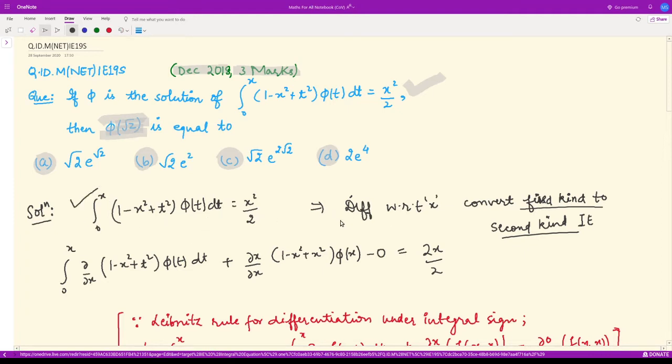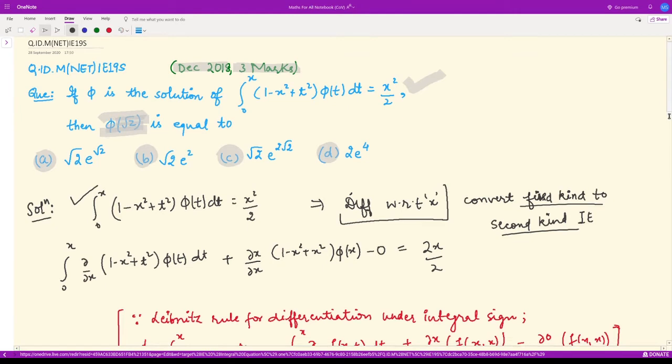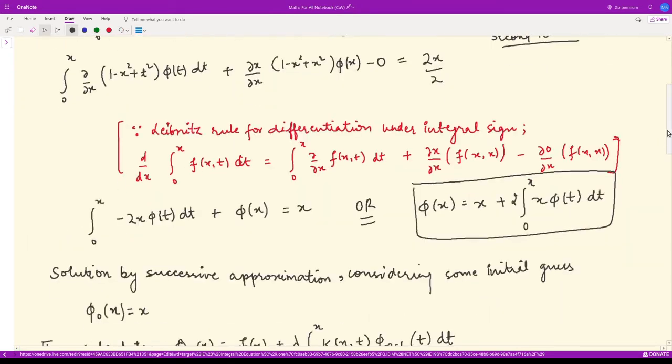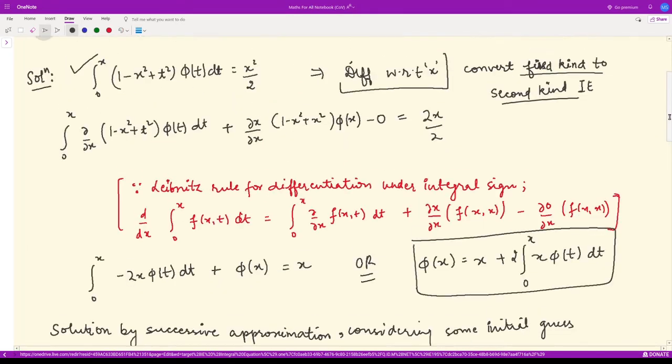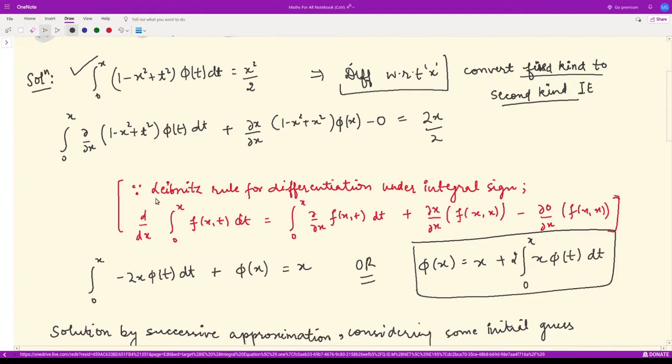We can differentiate this equation with respect to x. How can we differentiate any given integral equation? We have to take the derivative on both sides, which can be done with the help of Leibniz rule. What does Leibniz rule say?